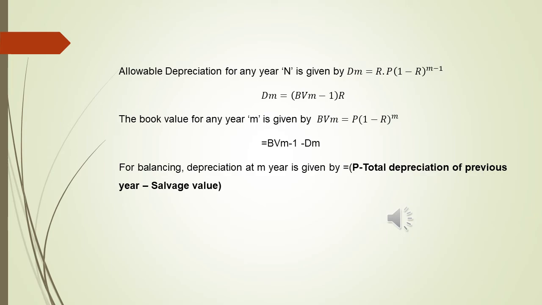For balancing the depreciation at the M year, it is given by this formula: we have to subtract from P the total depreciation of the previous years and the salvage value. These are some basic things you need to know. You will understand well while we solve the problem. Let's move on to the problems of this method.